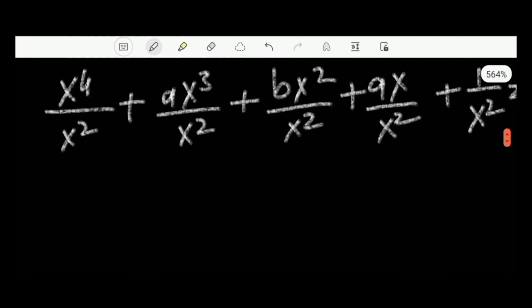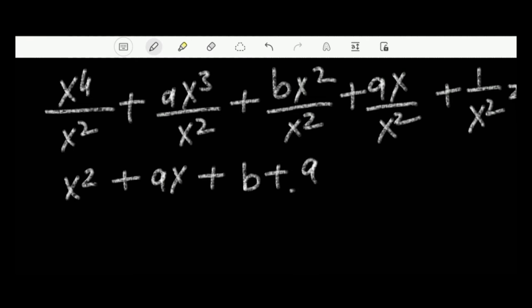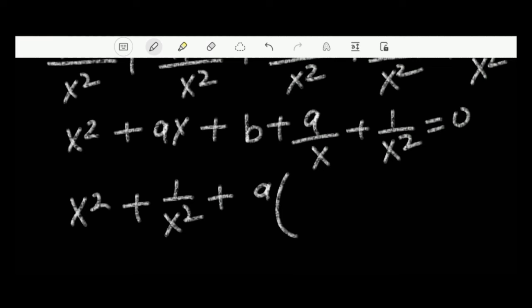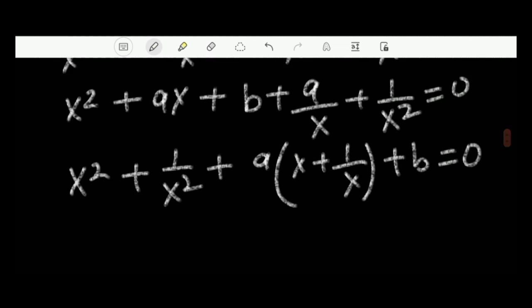So we can simply solve this and we'll get x square plus ax plus b plus a divided by x plus 1 over x square is equal to 0. So we can simply combine the first and the last terms, and we can take common a, and we'll get x plus 1 upon x inside the bracket plus b is equal to 0.